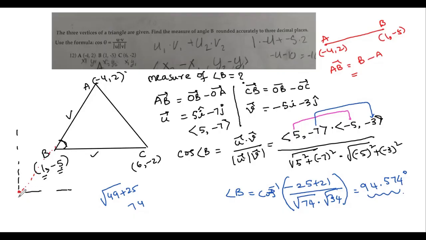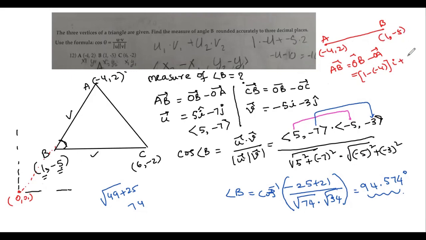But this time, this origin and all, no need to show in the question. Directly we can write, just say OB bar minus OA bar. OB bar means the point B itself. Position vector means the point. So 1 minus of -4 is the resultant movement in the X direction.